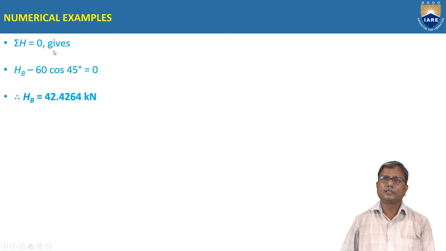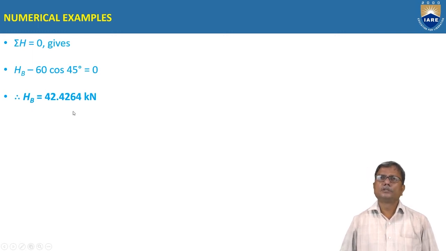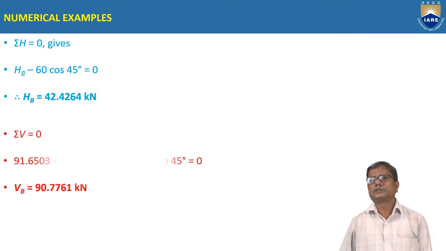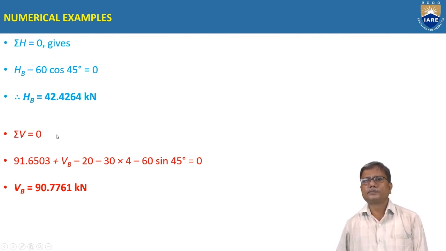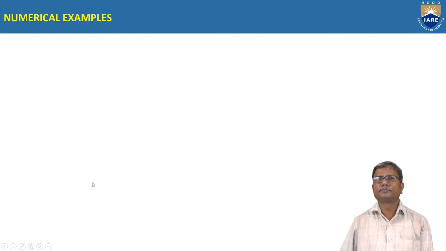Now apply the second condition, sigma H equal to 0. You have only one inclined load, 60, and its horizontal component is 60 cos 45. So HB is this much, 42.4. Next, the third condition, sigma V equal to 0. It gives the vertical reaction at B, by equating the sum of vertical forces to 0. Understand?